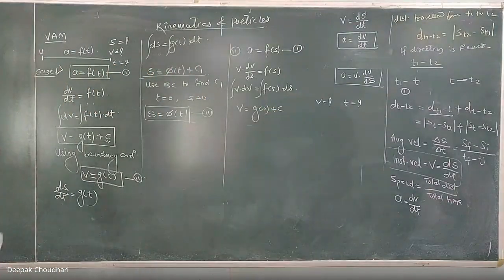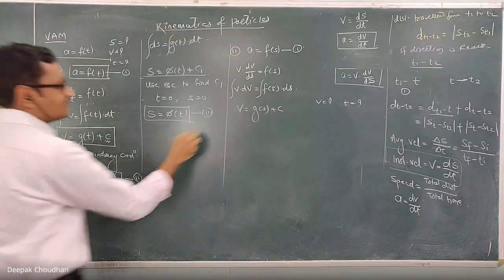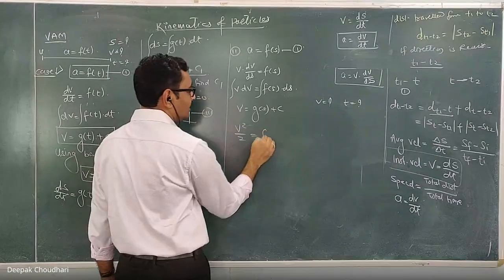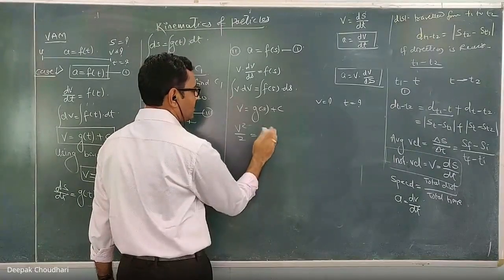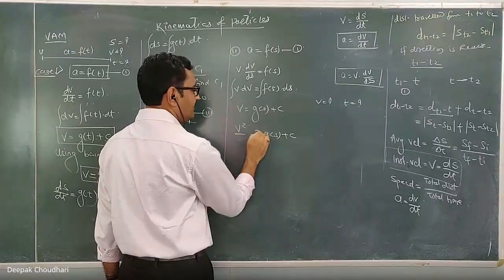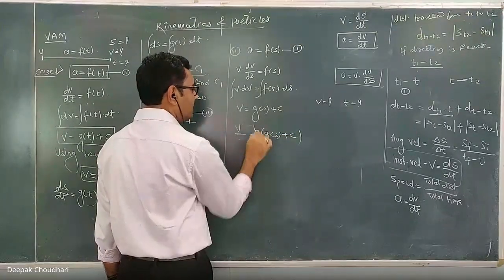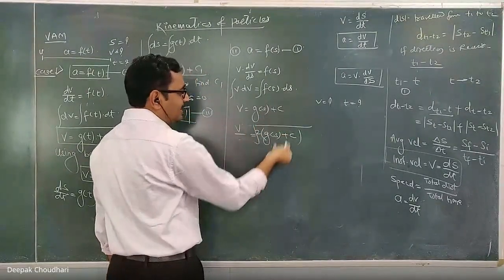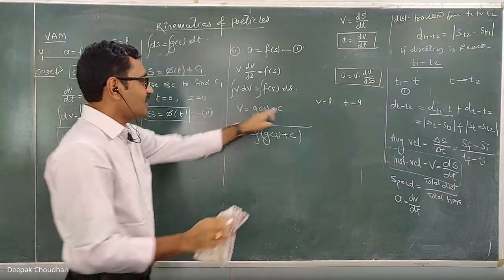You will get an equation of this type. I consider it as v square upon 2 equal to, let it be f1 of s or g of s, plus c. I will take this 2 over here, and for v it will be under root. Ultimately it becomes a function of s only.